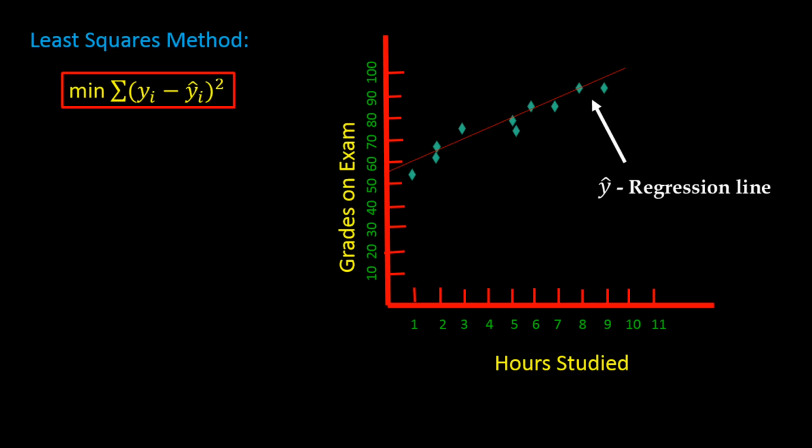That is what is meant by the formula in the red box. MIN means to minimize, and then you can see that we are taking each yi, those are our observed grades, and we have 10 of those for this example. So we want to minimize each of those observed yi values from the line of regression. That would be the line that fits the data the best.